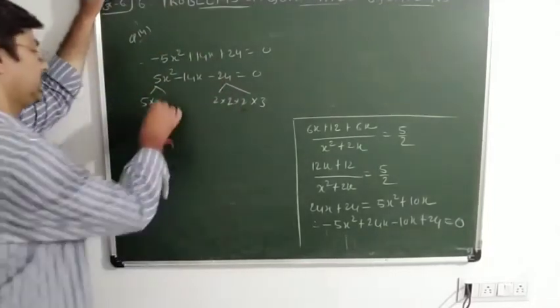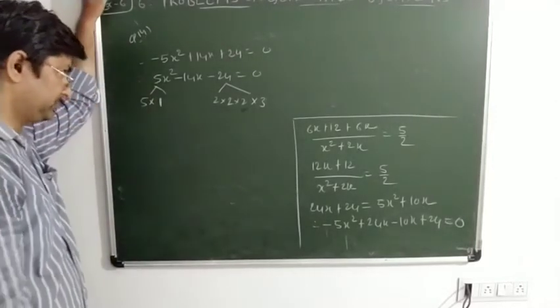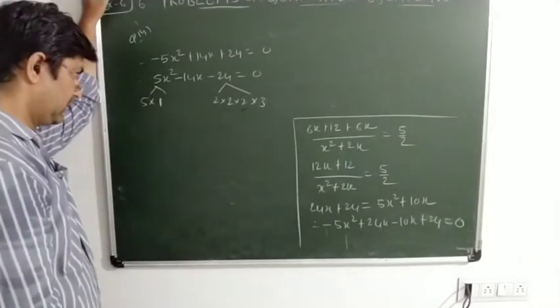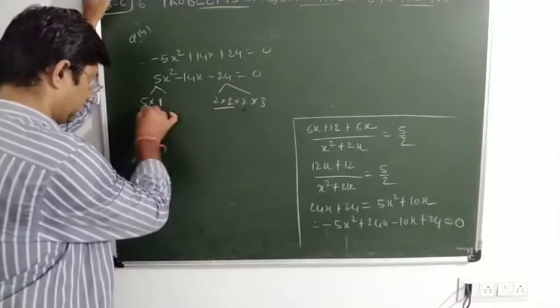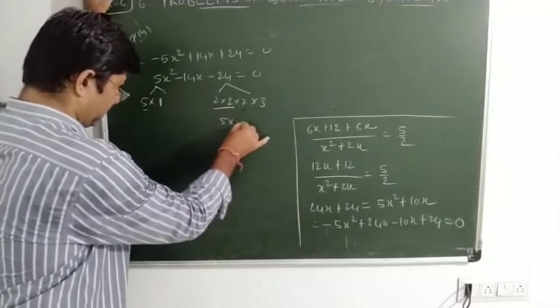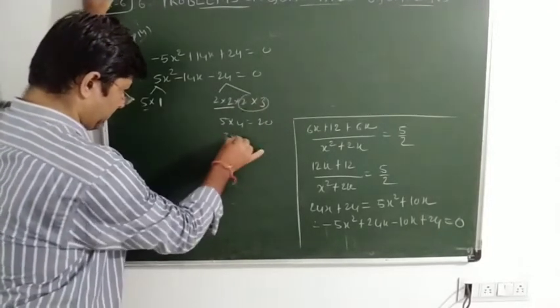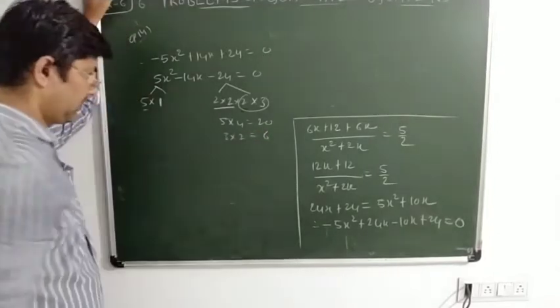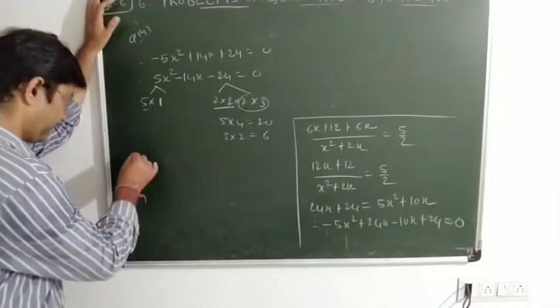Now you can make pairs and get two numbers. So difference 5 4, yes. So 5 into 4, 5 4s are 20 and 3 into 2, 6, 2 6s are 120, and 20 minus 6 is 14.